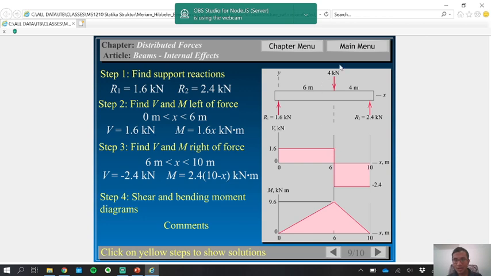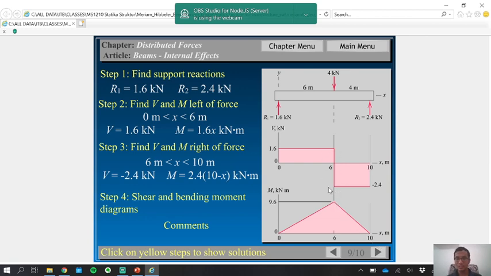Then, when we have this 4 kilonewton concentrated force, suddenly it jumps from 1.6 kilonewton to minus 2.4 kilonewton. And the gradient here for the moment changes as well. But the jump is here.